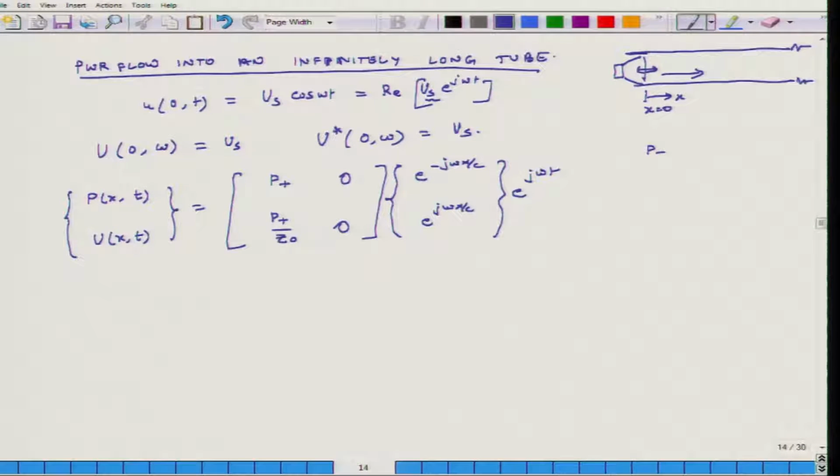Now we have to find the value of P plus, which we do not know. We eliminated P negative with the understanding that it is an infinitely long tube, so no reflections. Now, we calculate the value of P plus by applying the boundary condition at x is equal to 0.